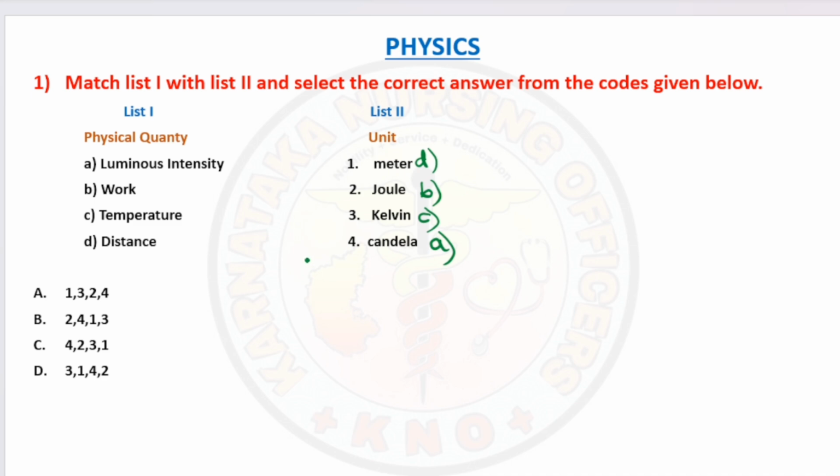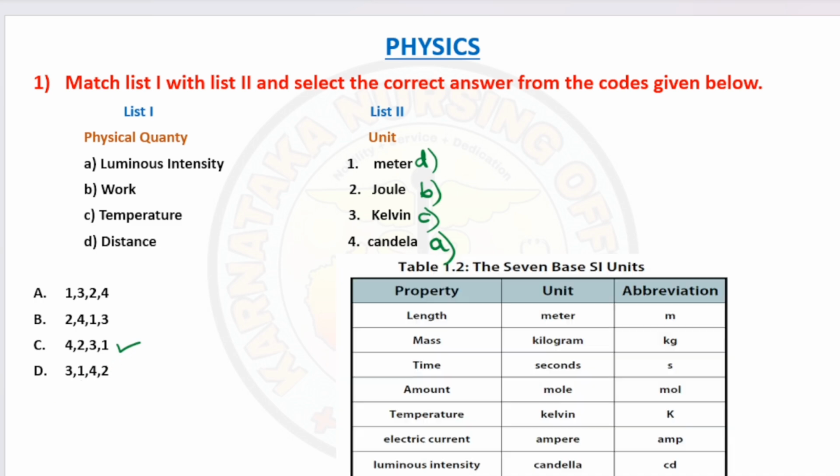That is option D. So candela, joule, Kelvin, meter. That is 4, 2, 3, 1. So option C is having 4, 2, 3, 1 as answer, right? Hence, option C is the correct answer for this question.